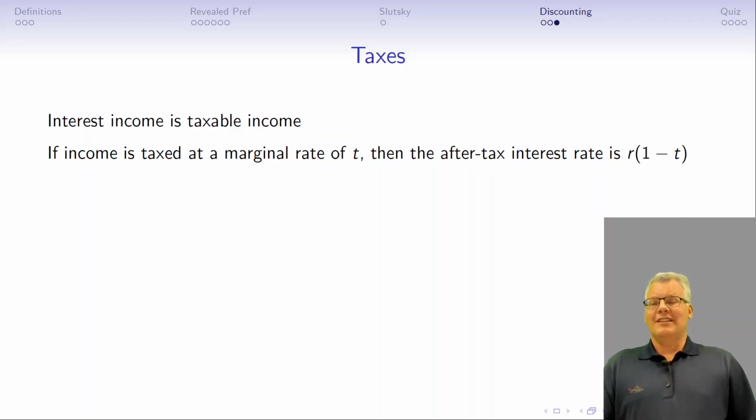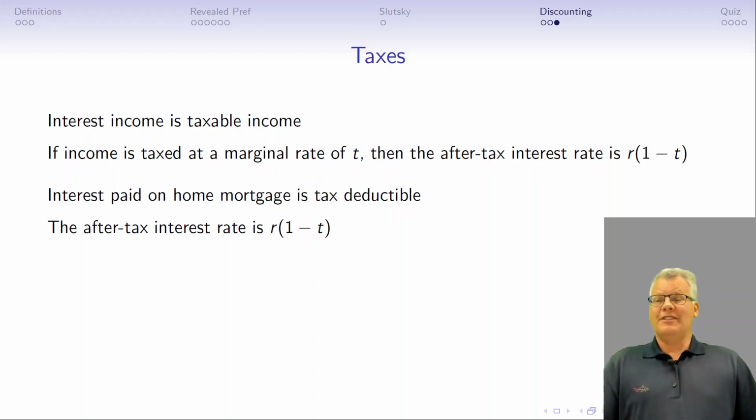So, for instance, just to make the math easy, if I were in the 25% marginal tax bracket, what that says is that the increase to my purchasing power by saving, after paying taxes, is 3/4 of whatever the interest rate is.